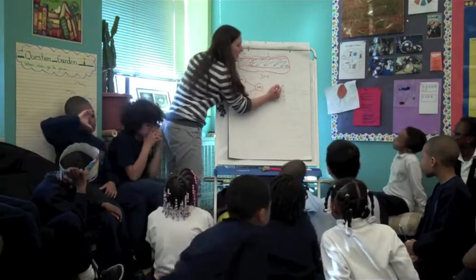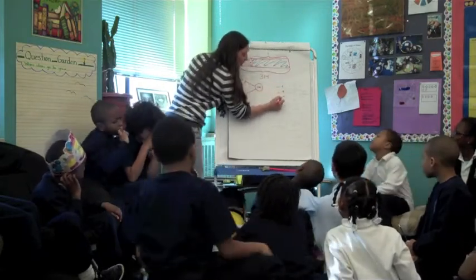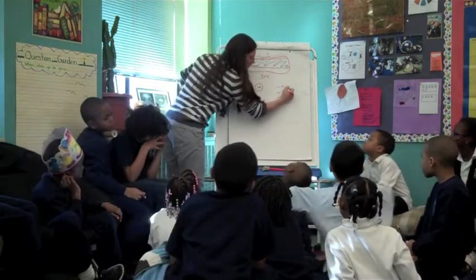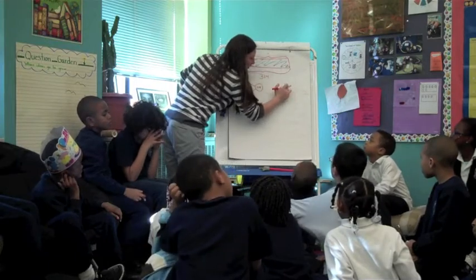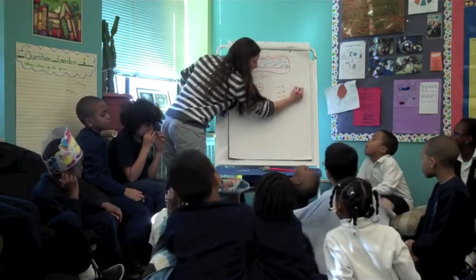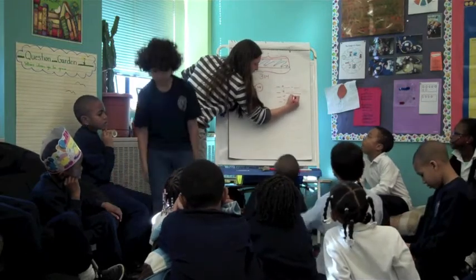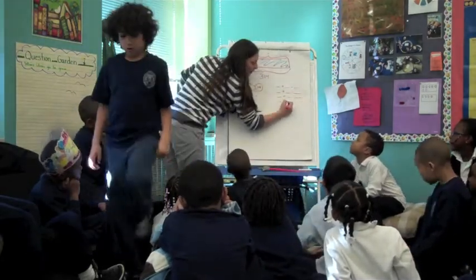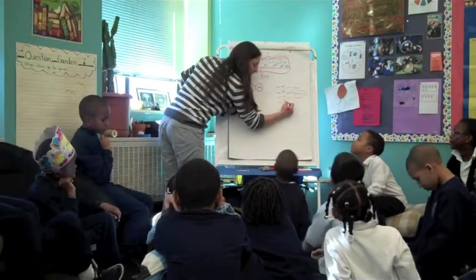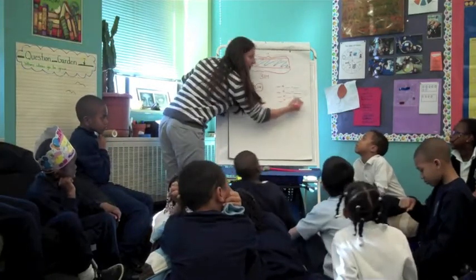Now, I have to fill in the blanks with the numbers. So, something plus something equals something. Something plus something equals something. Something minus something equals something. Something minus something equals something.